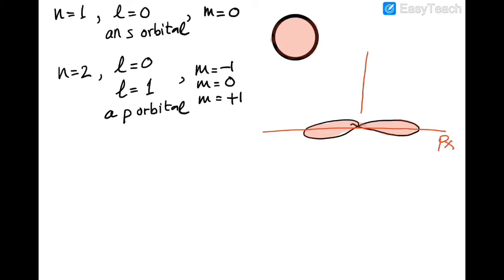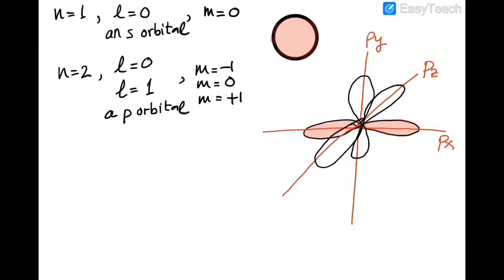We can also have py, and of course pz. We have three different orbitals, and each of these orbitals is represented by one of these three magnetic quantum numbers.